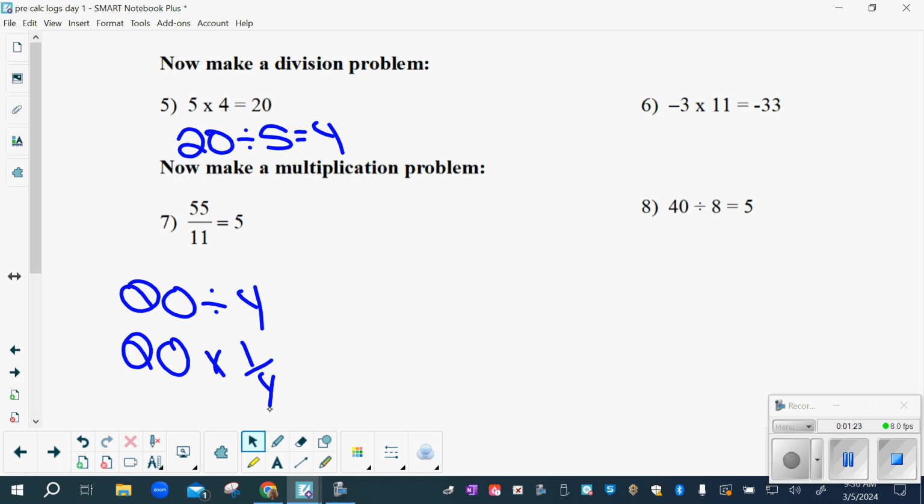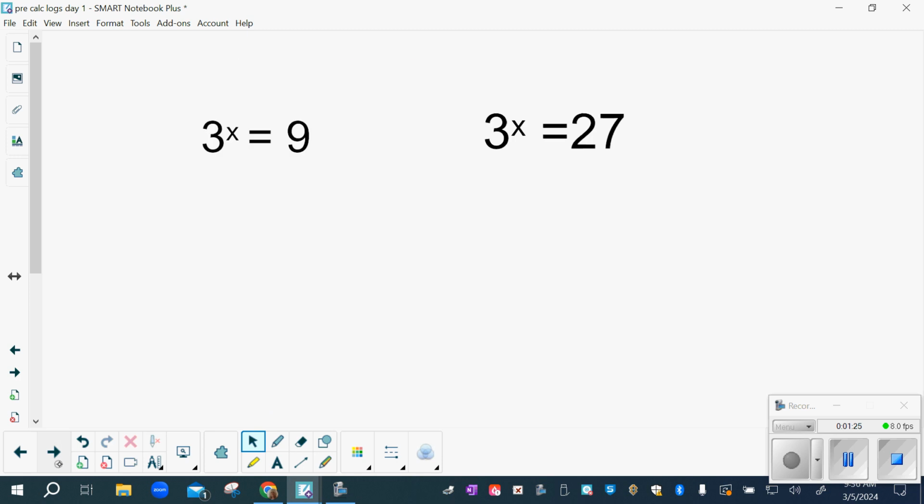And where you guys get a little weirded out is when we start talking about logs, because we did powering exponents like in 6th and 7th grade, and then we really wait like 4 years to undo it, and they don't seem connected. But they are totally connected.